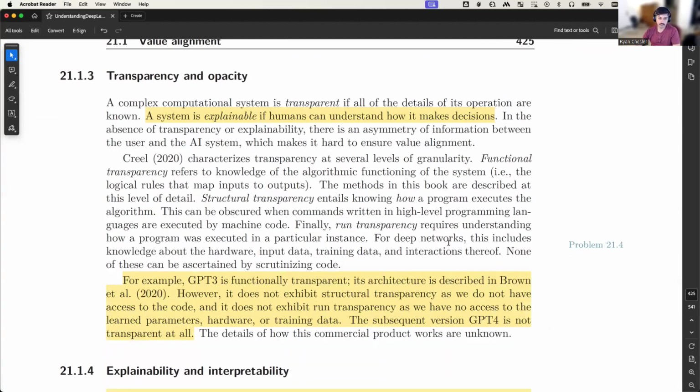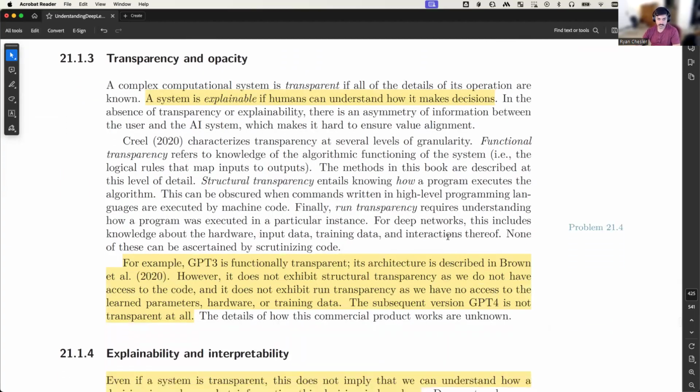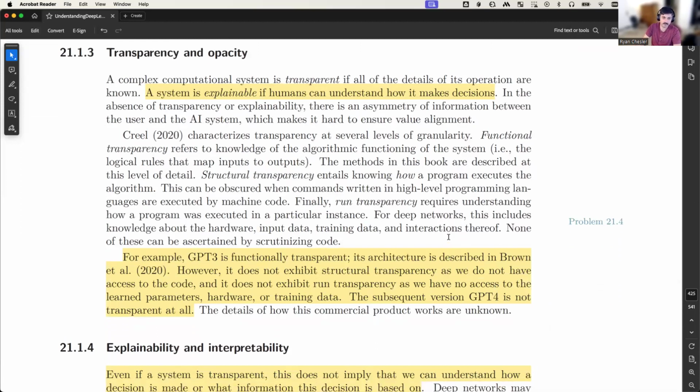So they talked a bit about the transparency, and so I hadn't really taken a view at transparency because people always go basically directly to explainability. But transparency is just this idea that you have any vision on the details of the model. So do you know what architecture it was? Do you know what data it was? Do you know what training procedure it was run on?